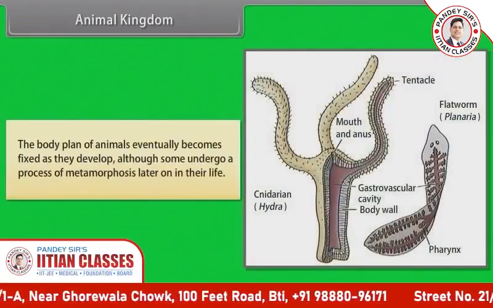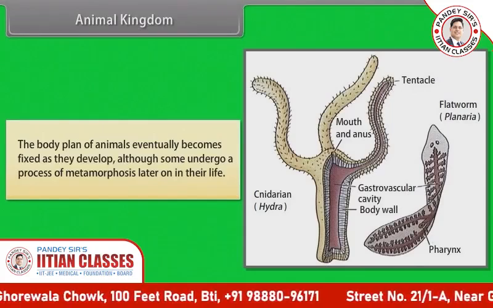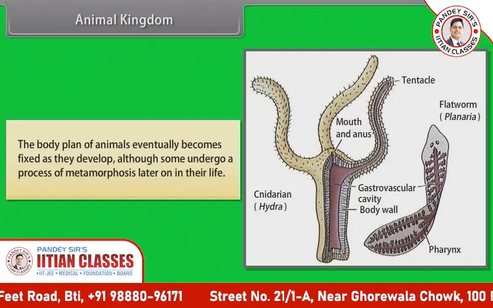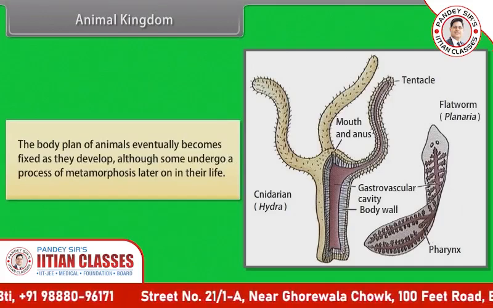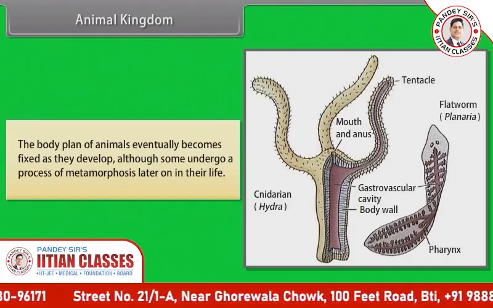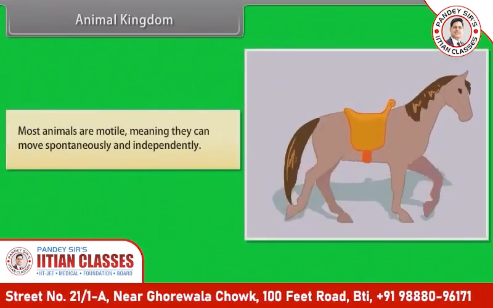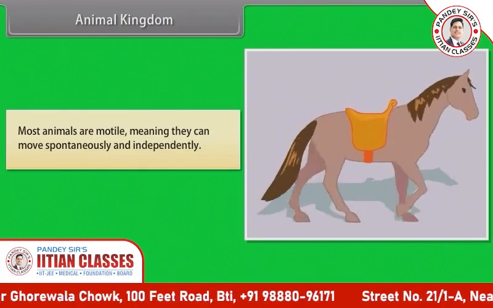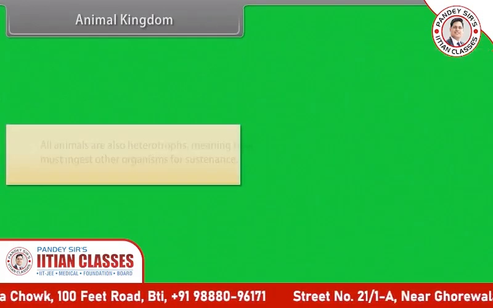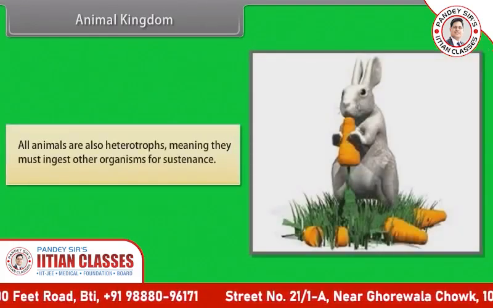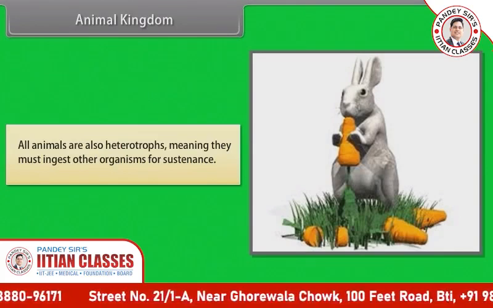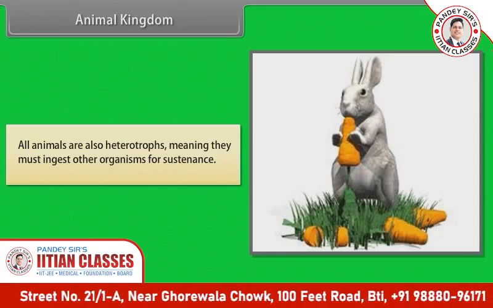The body plan of animals eventually becomes fixed as they develop, although some undergo a process of metamorphosis later on in their life. Most animals are motile, meaning they can move spontaneously and independently.